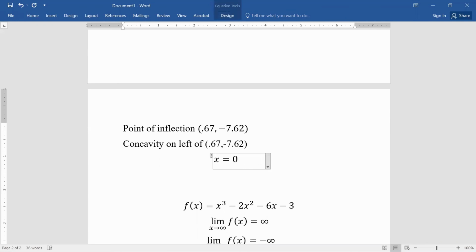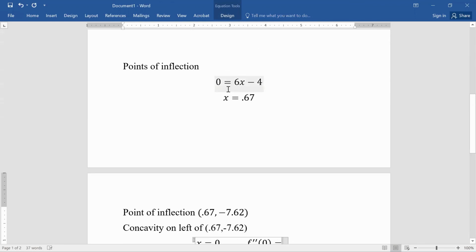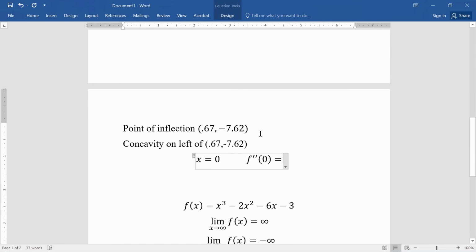The second derivative was 6x minus 4. So 6 times 0 minus 4 gives me a negative 4. That means the concavity to the left of 0.67 is concave down, just like I said.